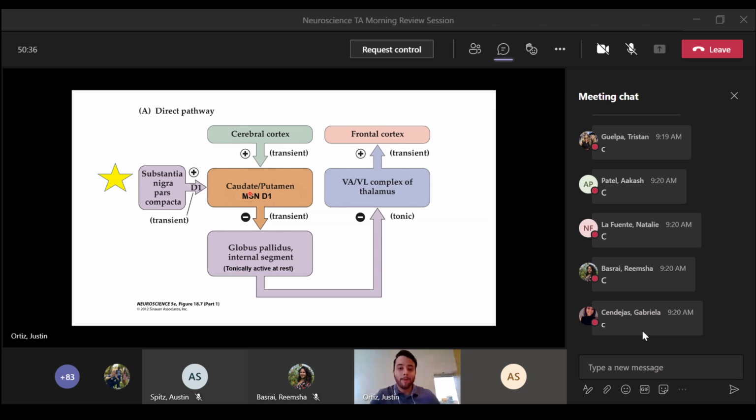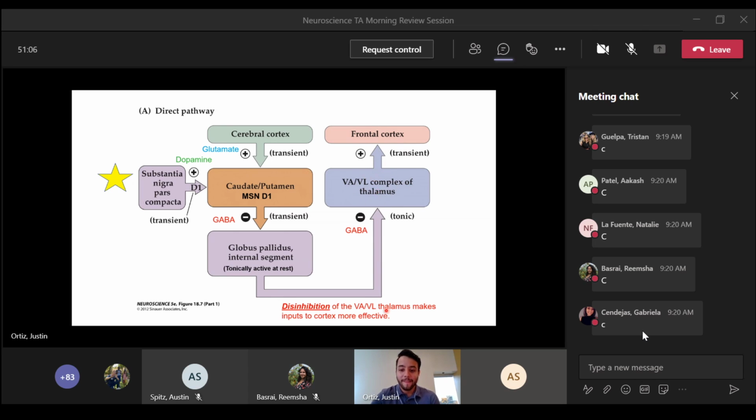The caudate and putamen, which are part of the striatum, are going to inhibit the globus pallidus internus. Typically, the globus pallidus internus inhibits the thalamus. But since the striatum is inhibiting the globus pallidus internus, it will not be able to inhibit the thalamus anymore, thus leading to activation of the thalamus and excitatory signals to the frontal cortex. So the thalamus is disinhibited.